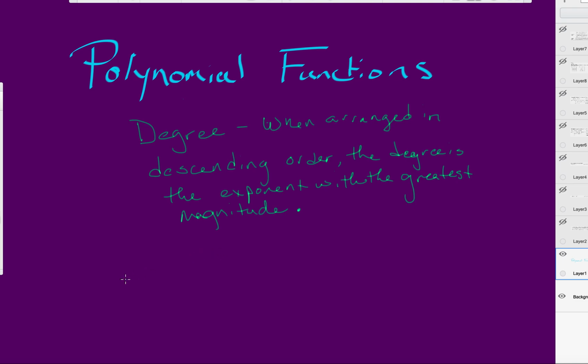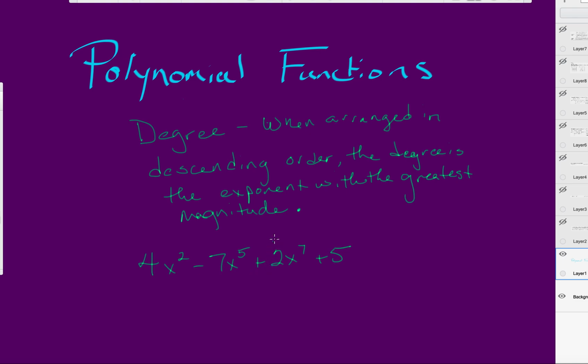All right? And so, for instance, if I had a polynomial function that said, and I'm going to make it super simple here, 4x squared minus 7x to the 5th plus 2x to the 7th plus 5. I would rearrange these so that I go in descending order, so that the greatest exponent, or the exponent with the largest magnitude, would be up front.